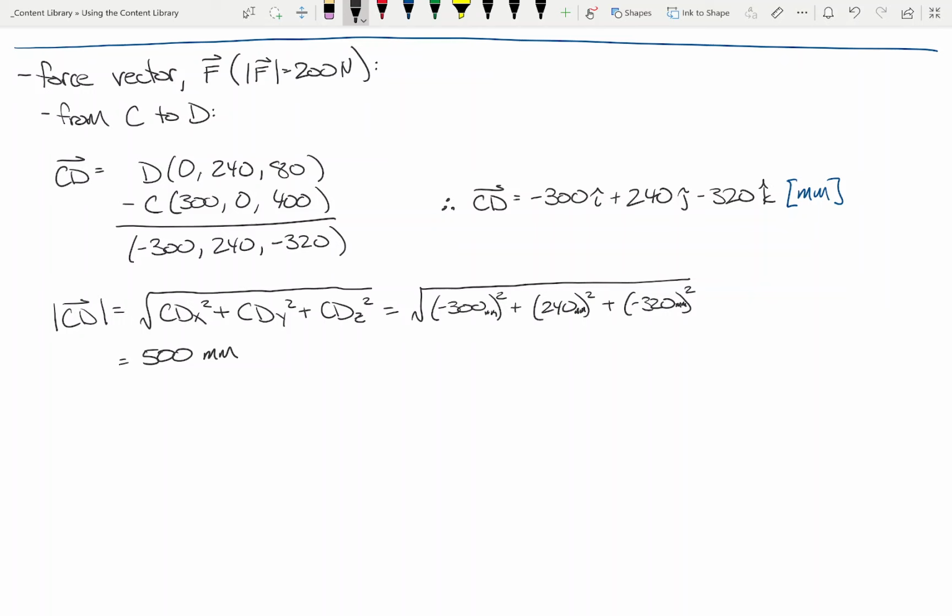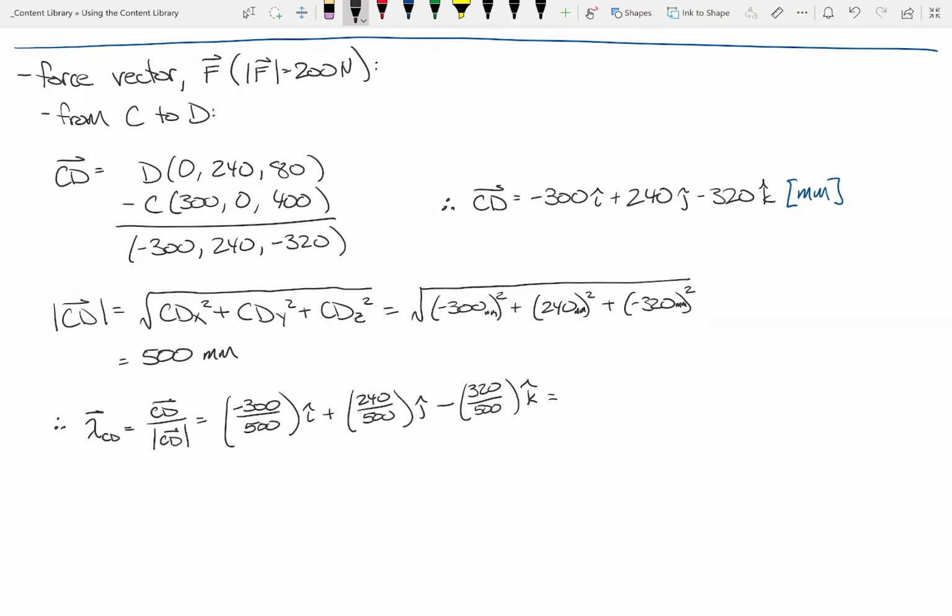Take this, divide by its magnitude. So therefore, okay, and so if I just write this out in decimal form, here I'll put this down here so I don't squunch it up.